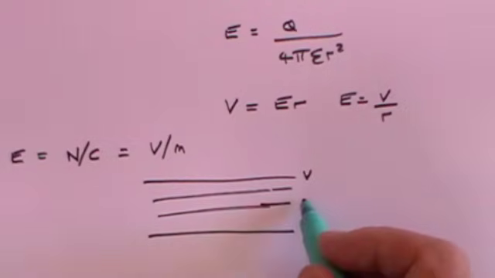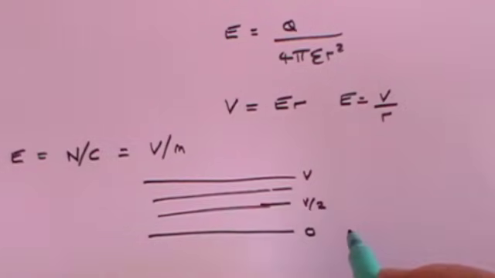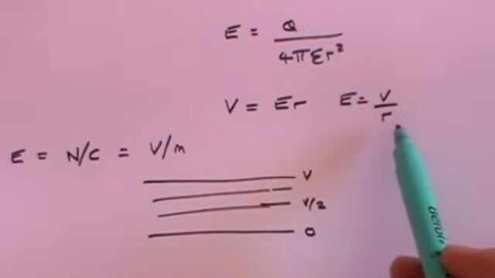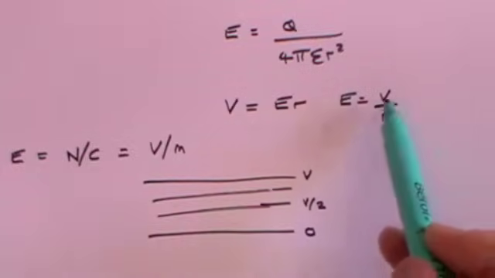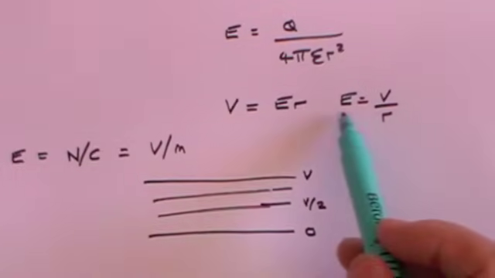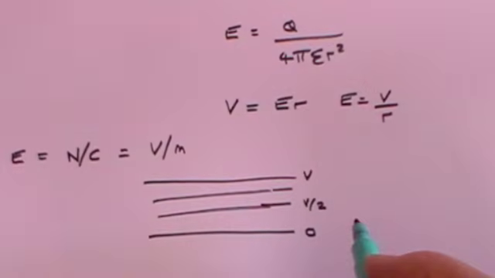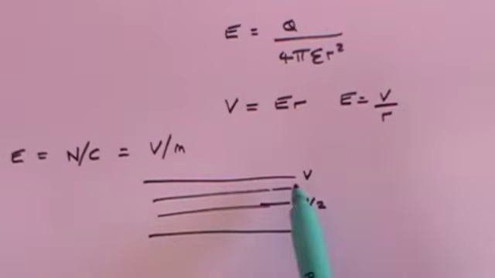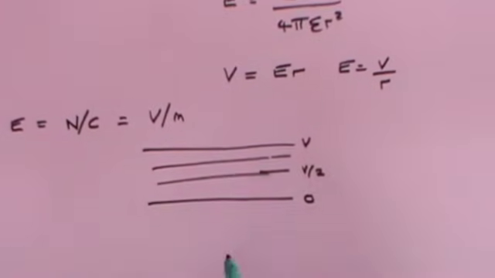So halfway up, this will be V over 2, because E is V over r. So the greater the distance, the greater V will have to be in order for E to be a constant. So we've established this general principle for large parallel plates, that within those plates the electric field is constant, but the voltage has to change as the distance increases.